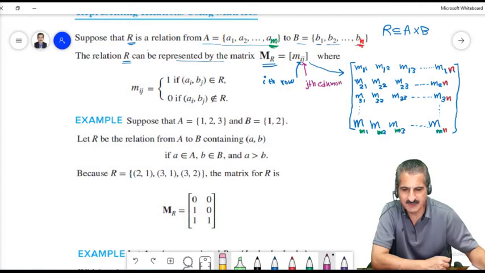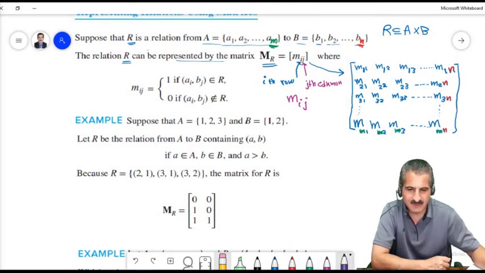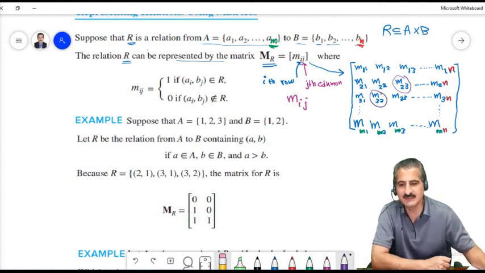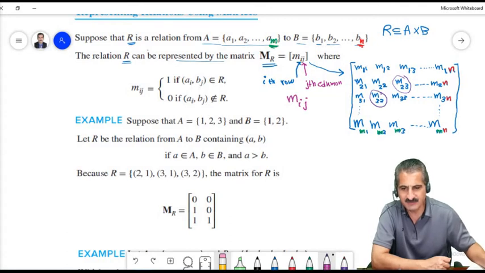So when we say m_ij, we mean the element in the ith row and in the jth column. For example, if we look here, this is the element m23, which means it is the element in the second row and third column. And here is the element in the third row and second column. So this is an illustration of what this matrix means.